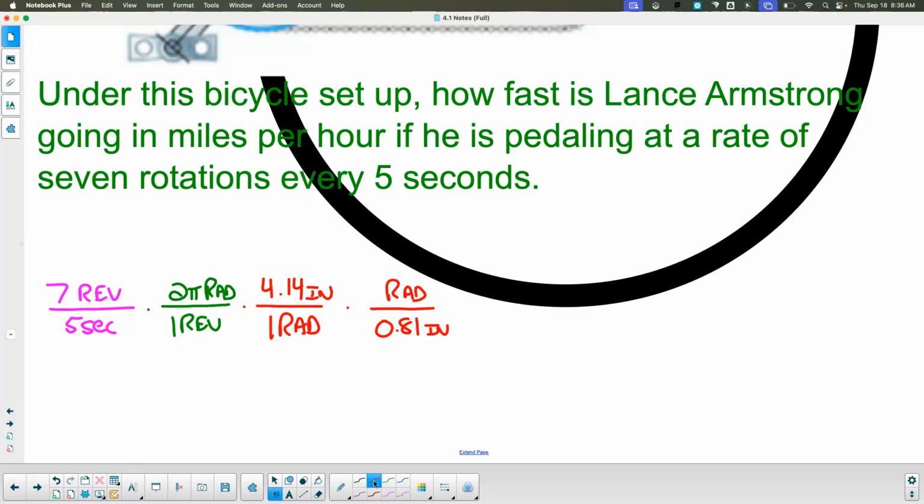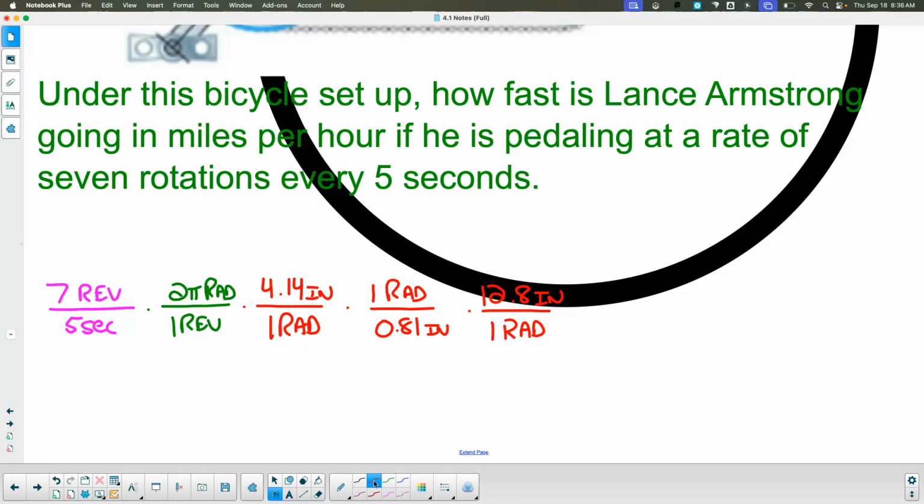Okay? This right here, the sprocket, is angularly traveling at the same rate as the tire. Okay? So now I am on the tire. The tire has a radius of 12.8 inches.